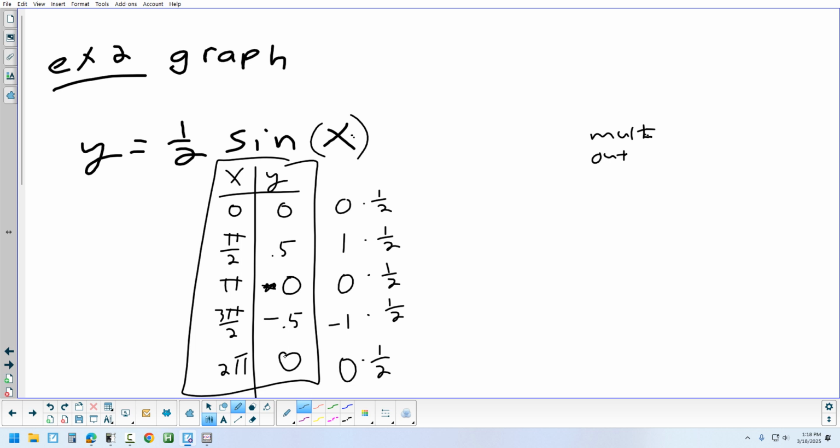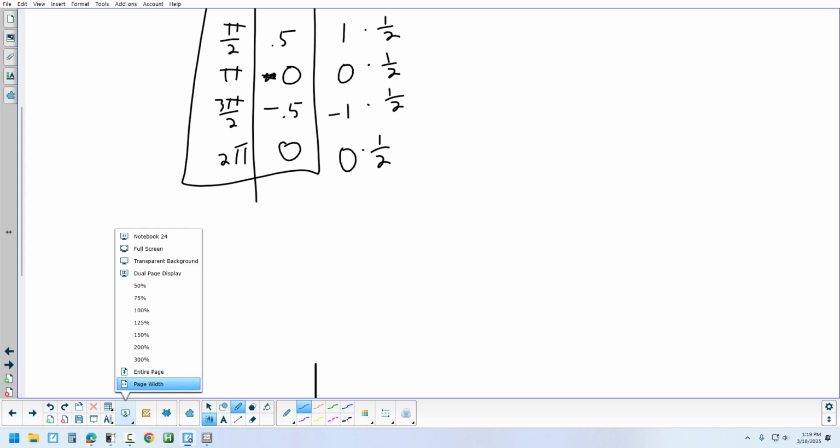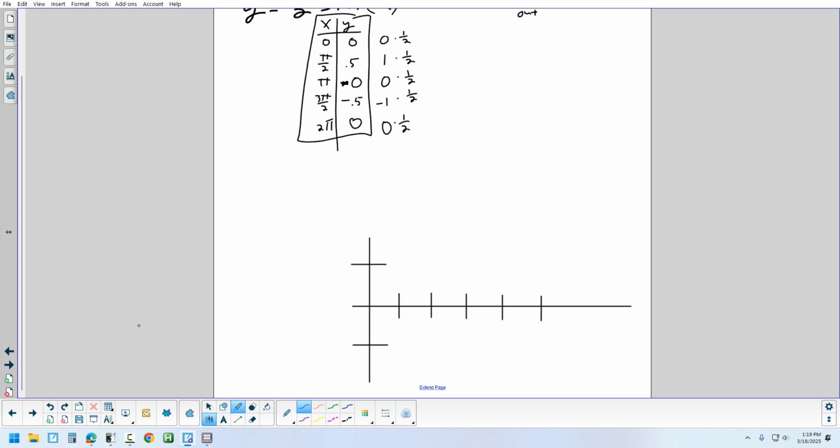All right, questions on the table? All right, so now we're going to sketch it. We don't have to change the scale this time. I mean, we're only going to 0.5 and negative 0.5, so if we want to call that 1, negative 1, there's 0.5, and there's negative 0.5. So we can just do it like that.